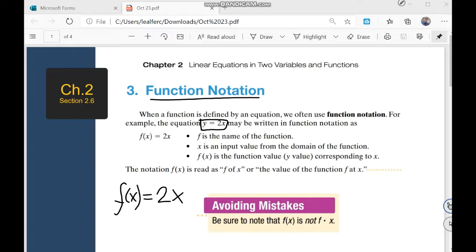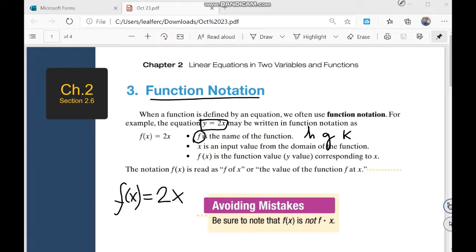It can be another letter, it can be h, it can be g, actually any other letter, but usually we're going to use f. x is the input value, x is the input, and f of x is the output.